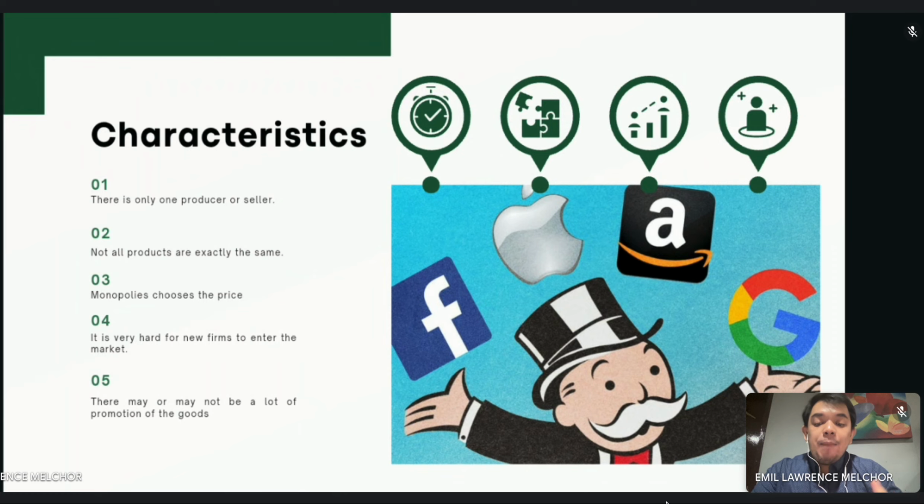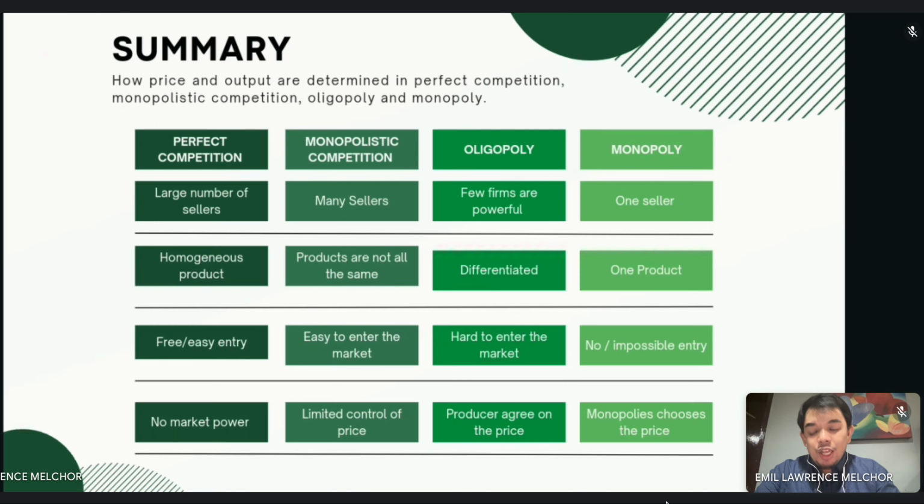Now let us all summarize the market structure. So in perfect competition, again, there are a large number of sellers. It can be a homogeneous product. Like I mentioned a while ago, rivals selling the same products in the physical market like rice, vegetables, and the like. Free or easy entry. Remember that firms can easily enter the market and they can leave anytime. No market power. So they cannot set the price since there is a competitive advantage.